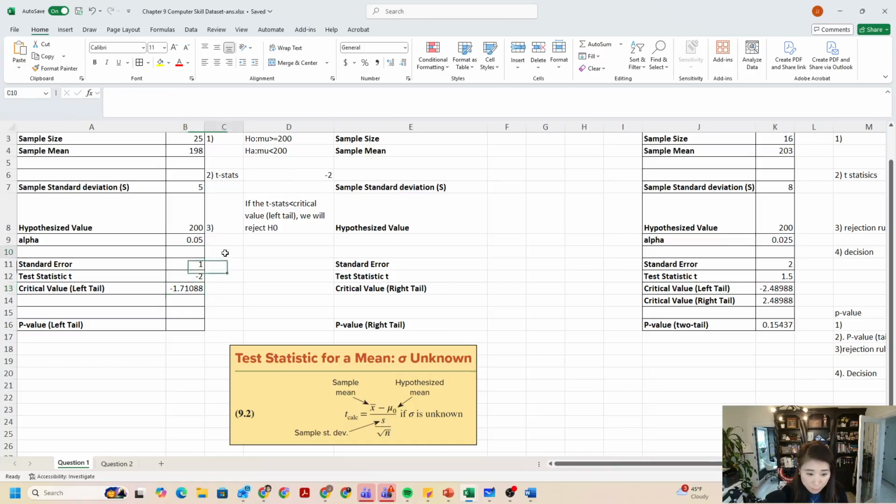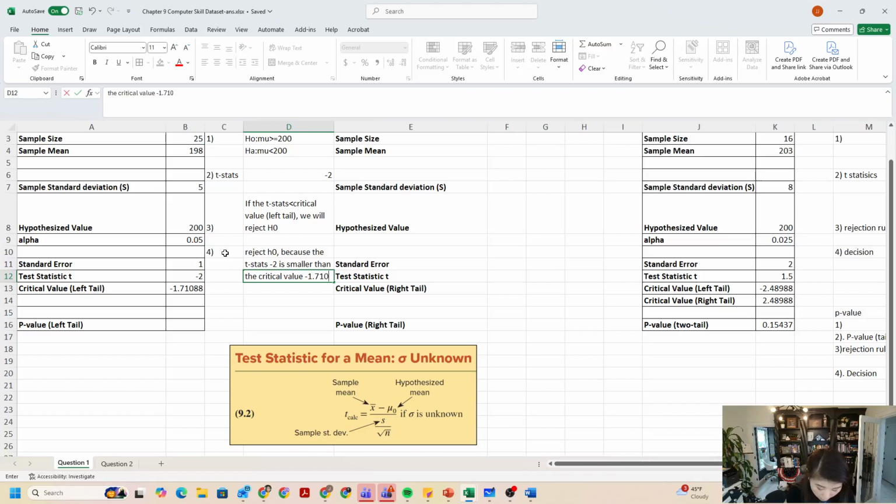Therefore the decision here will be reject H0, because the t-stat, which is -2, is smaller than the critical value -1.71088.